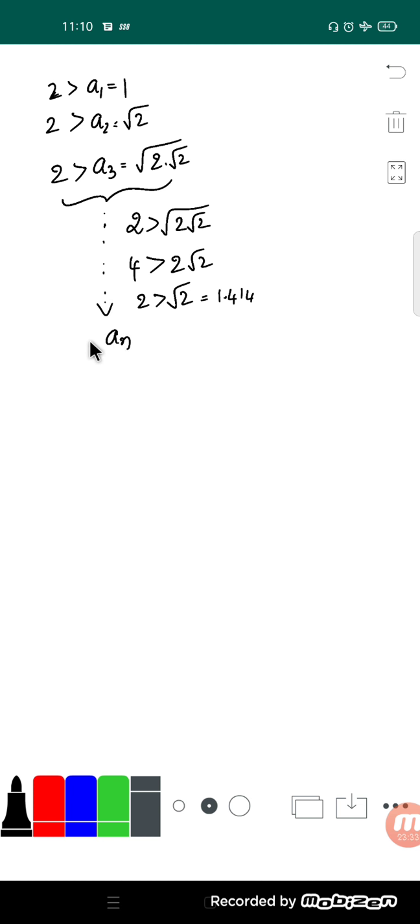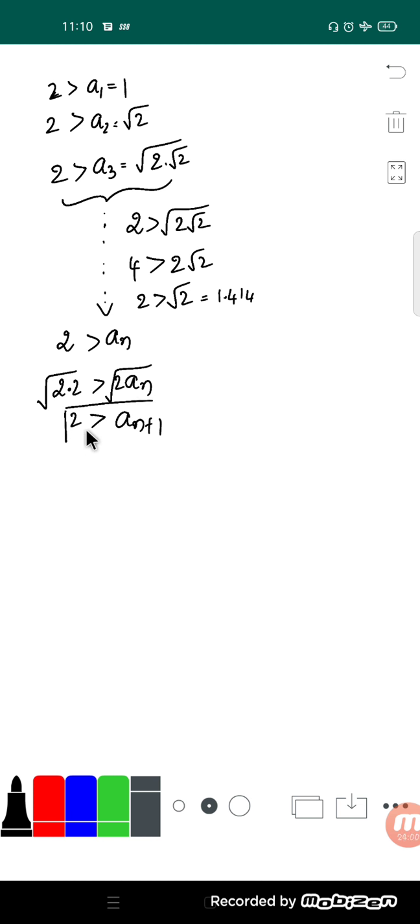Suppose a_n is less than 2, assuming the same pattern continues. Multiply both sides by 2, so 2 a_n is less than 2 squared. Take the square root of both sides: square root of 2 a_n, which is a_(n+1), is less than 2.